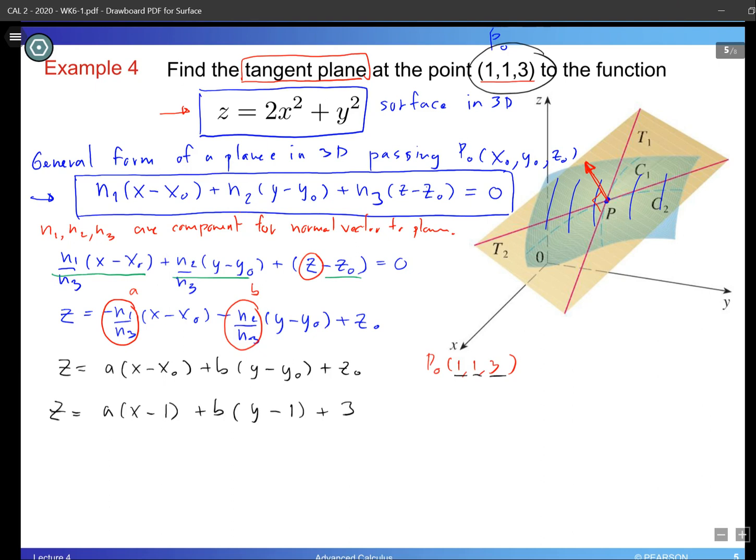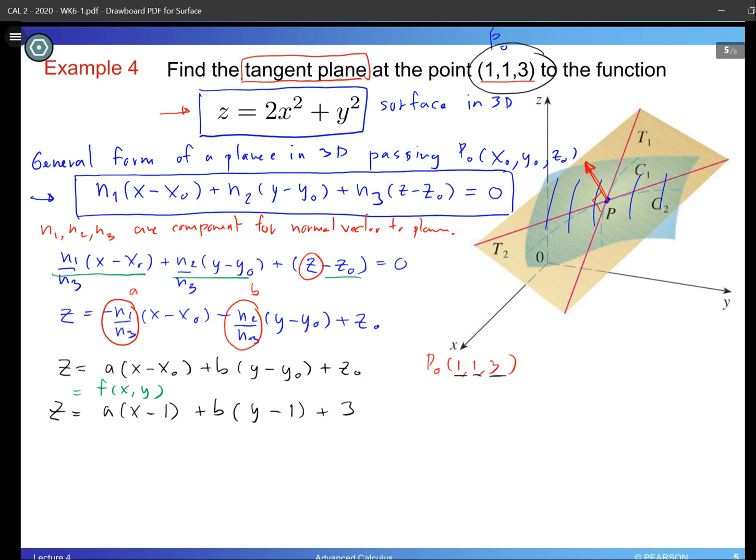Alright, so right now we are looking at a function of two variables, two inputs. Make a note right here, we are looking at a function of x and y as inputs, and z takes the value of the function.